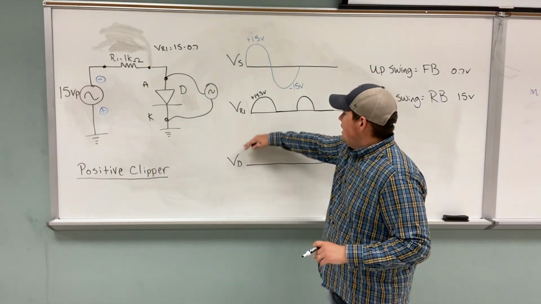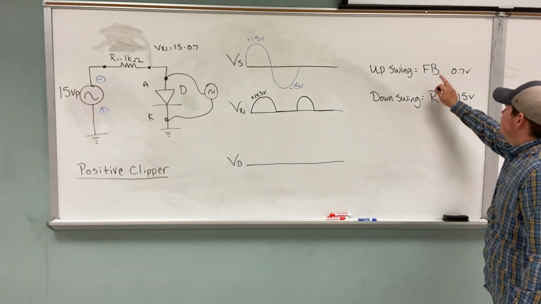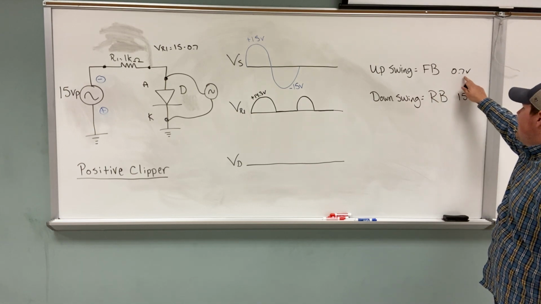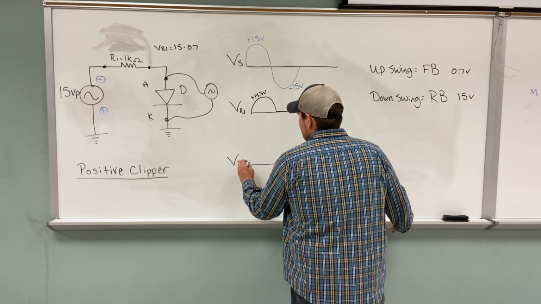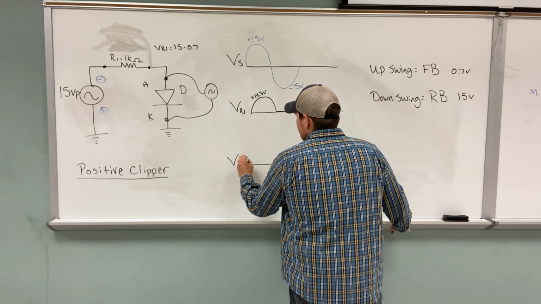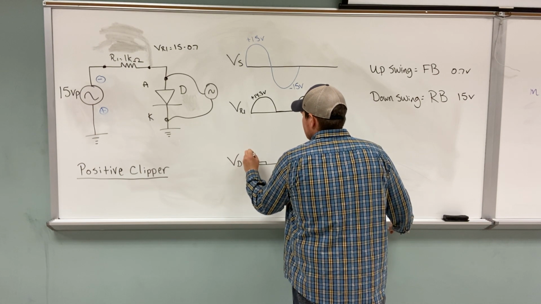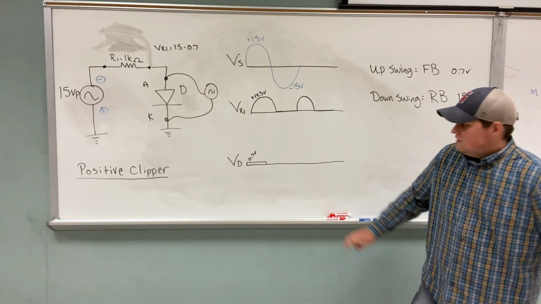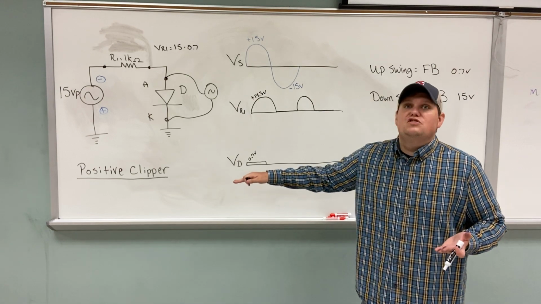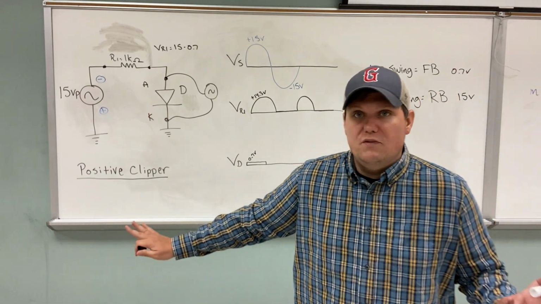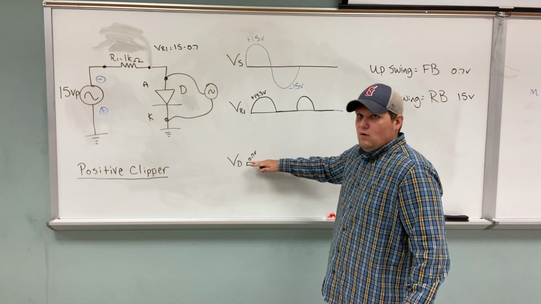So, on my upswing, the diode is forward bias. So it is locked at 0.7 volts. So I'm going to clip in the positive direction at 0.7 volts. Now this needs to be a flat line because you are essentially just cutting the voltage off, slicing it off at 0.7 volts. Okay, so across the diode, it's going to lock at 0.7 volts.